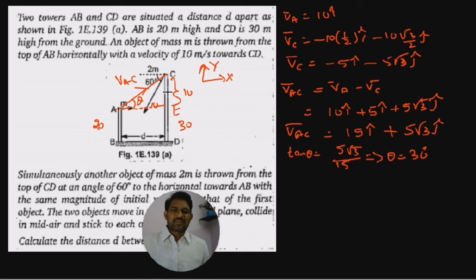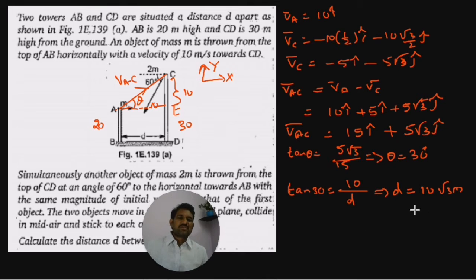So from that, tan 30 is equal to CE by AE, that is 10 by D, where AE is nothing but D. So this D value will be equal to 10 root 3 meters. That is the distance between those two towers.